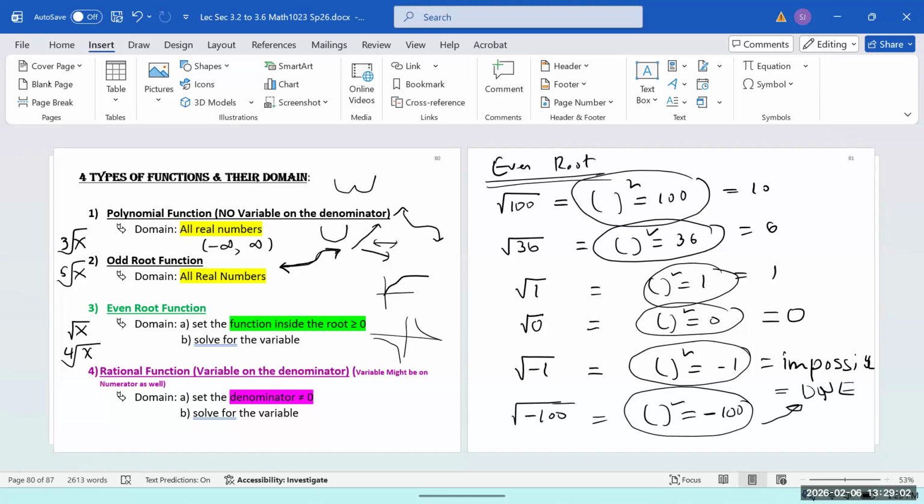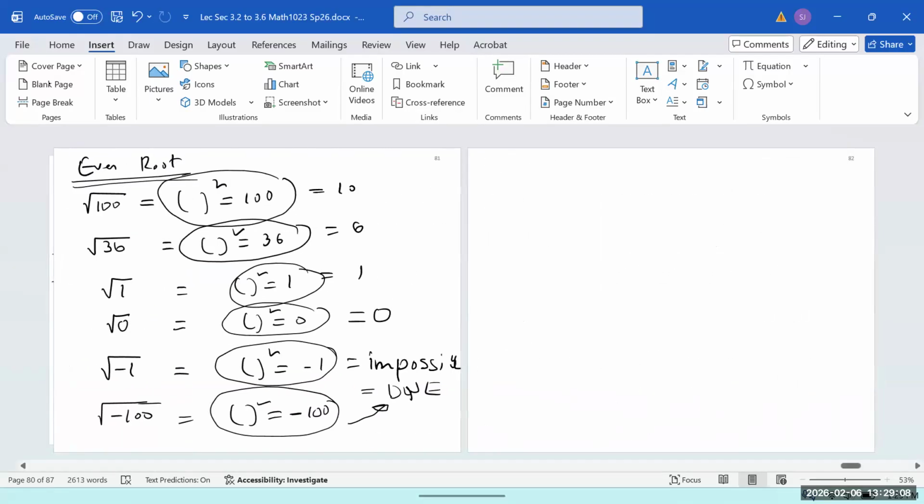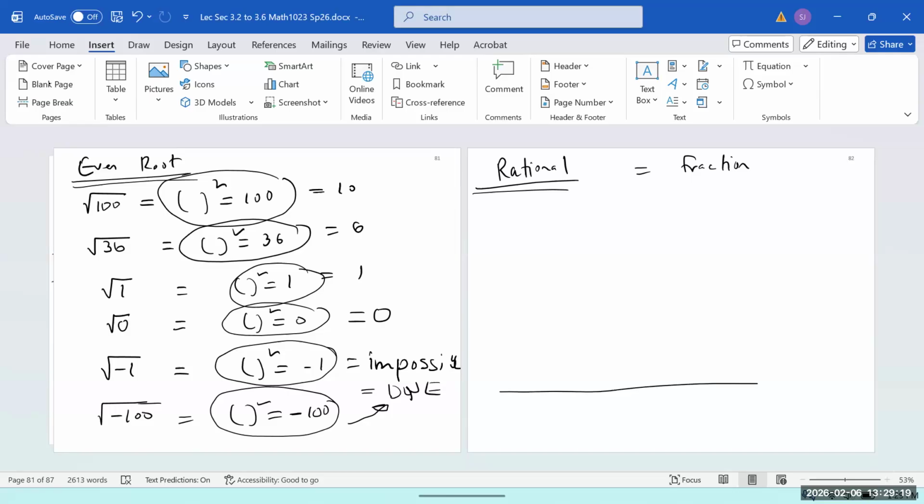Then the second type of problem: what if you have a rational function? Rational means fraction. If you look at the number line, we have negative infinity, 0, positive infinity, 1, 2, 3, and so on, negative 1, negative 2, and so on.